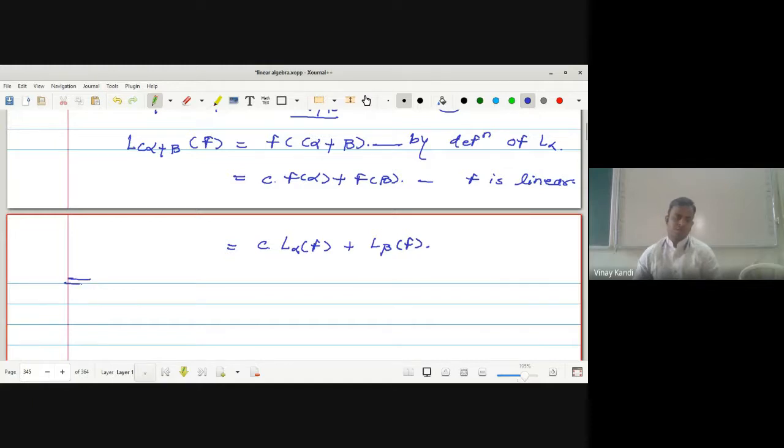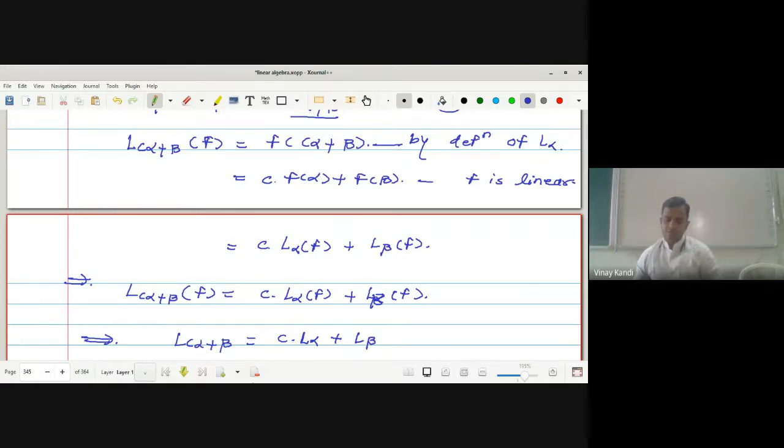Okay, so this implies L of c alpha plus beta of f is equal to c into L alpha of f plus L beta of f. Okay, so this implies L of c alpha plus beta is equal to c into L alpha plus L beta.